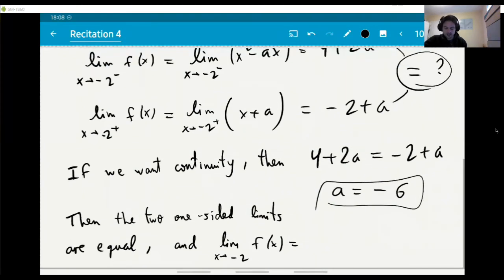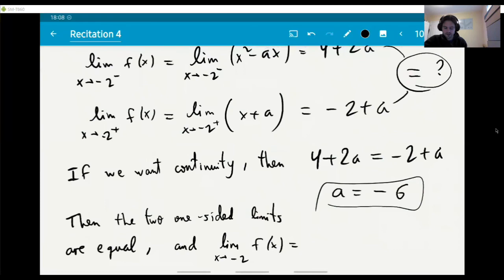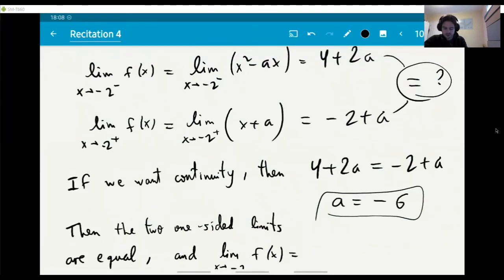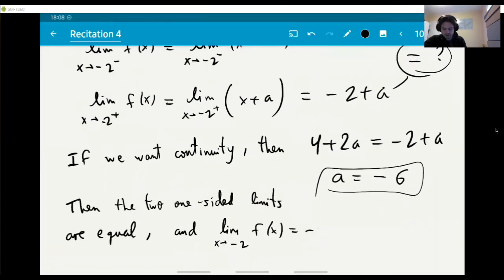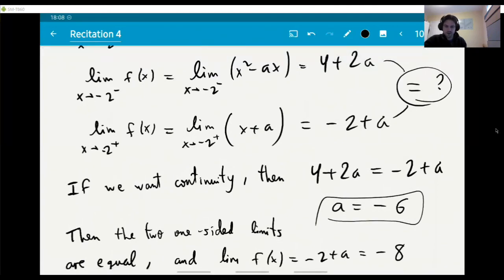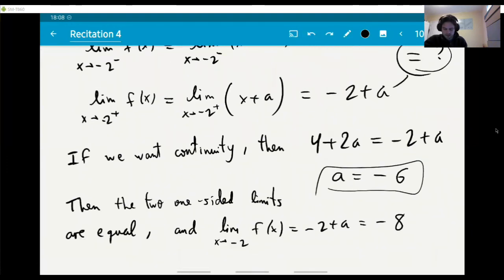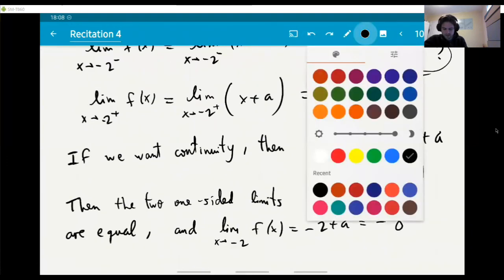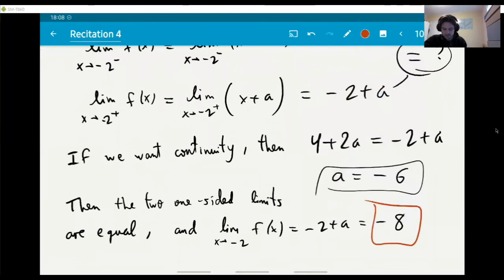It's going to be the value of either one of those one-sided limits. For example, take the second one, -2 plus a. That's going to give you a -8. You could have also taken the first one. That's also going to give you a -8 because we imposed that the two should be equal. So here is the value of the limit.